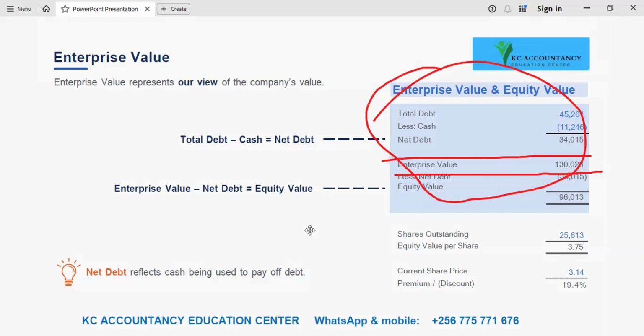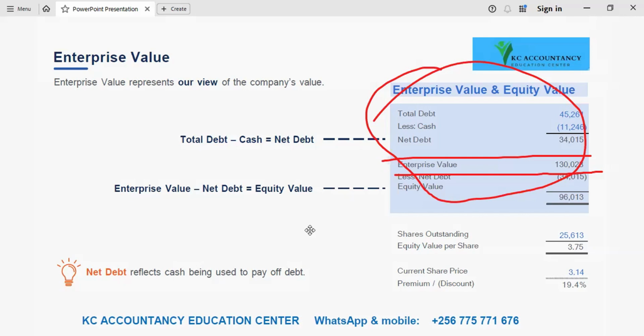So if we have built the DCF model and the DCF model is telling us the enterprise value, then that's really our own view of the company's value. In other words, those are the computations we did.